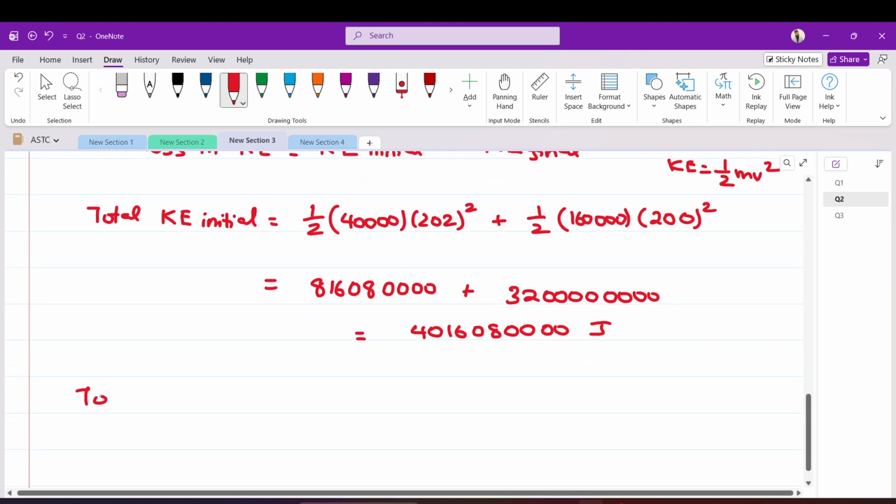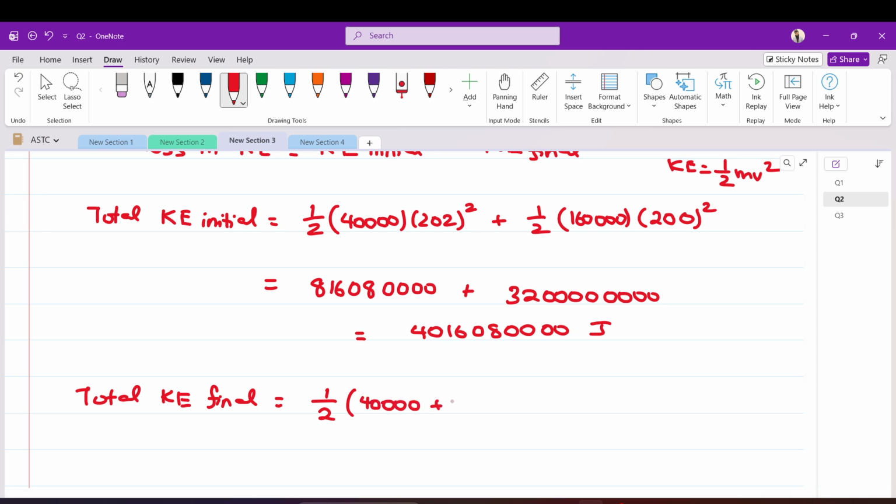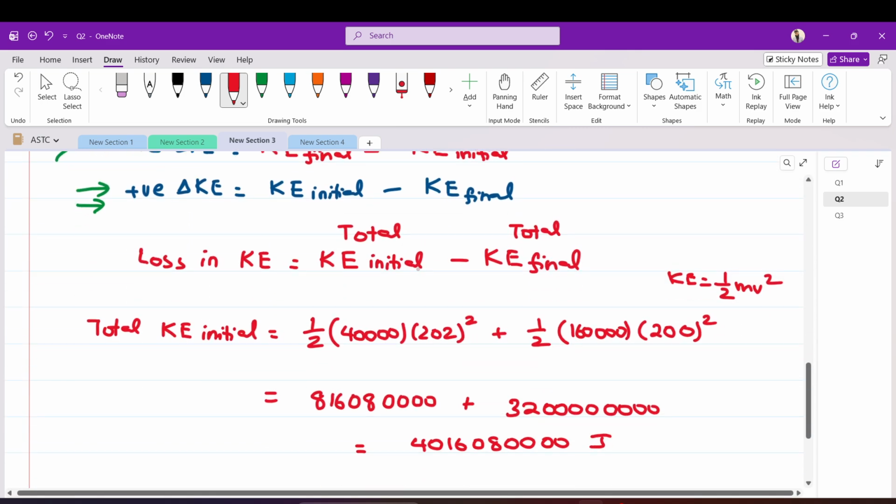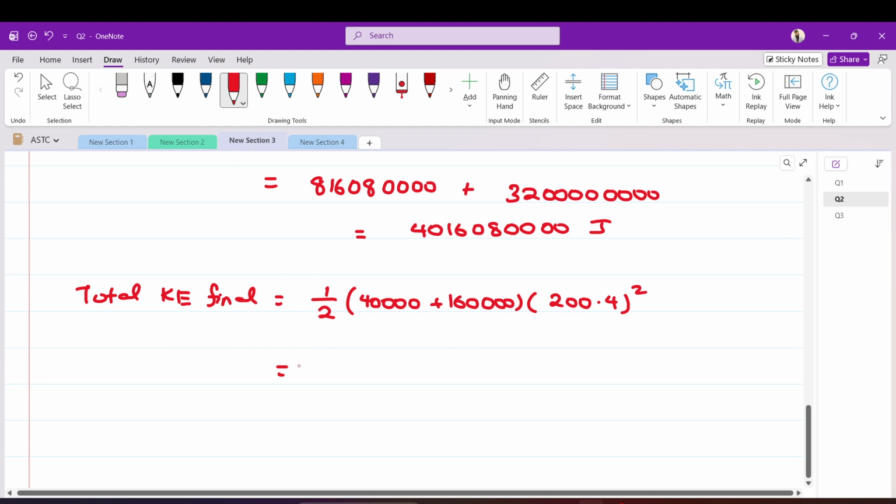Now the total final kinetic energy will be their cumulative mass, which will be 40,000 plus 160,000, times their velocity, which we worked out to be 200.4 meters per second. This was their combined speed. Let me work this out: half into 200,000 times 200.4 whole squared.